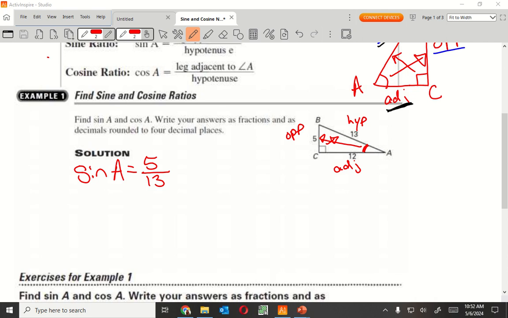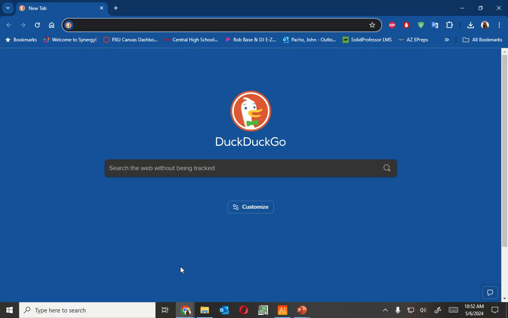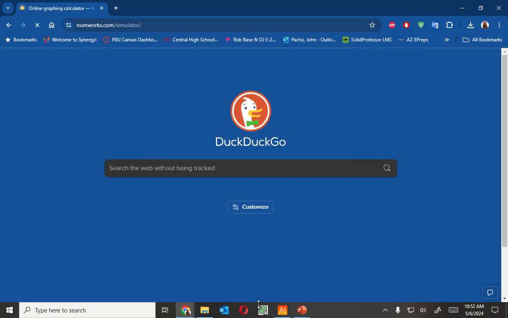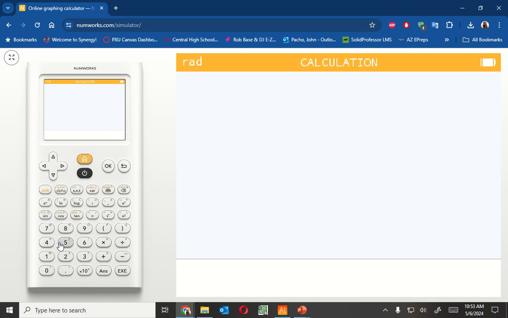Don't use the sine, don't use the trig. Just 5 divided by 13, and it's 0.3846.